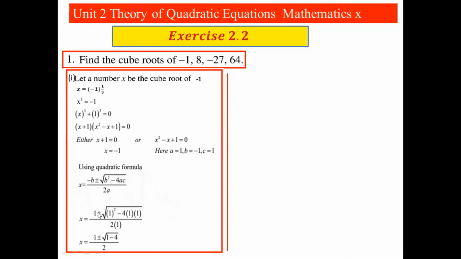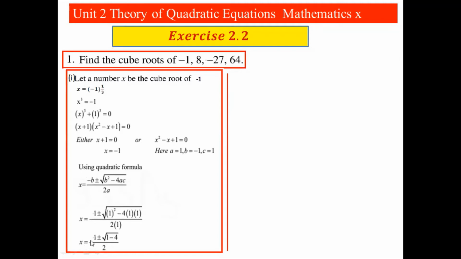Now b is equal to minus 1, so this minus and this minus will be positive, plus 1. Here is minus 1 square and minus 4a is 1, c is 1. So here this is a typing mistake, you must write minus here. So minus 1 square will be positive and this will be equal to minus 4.